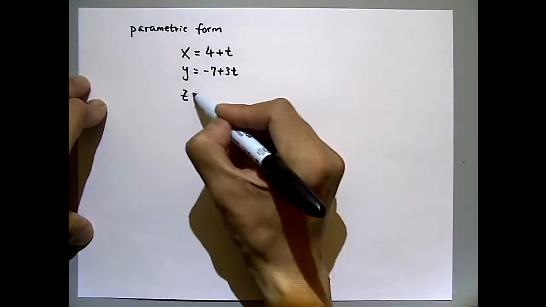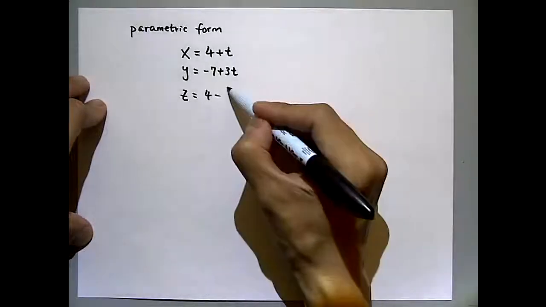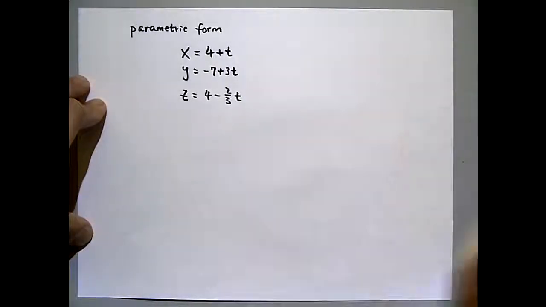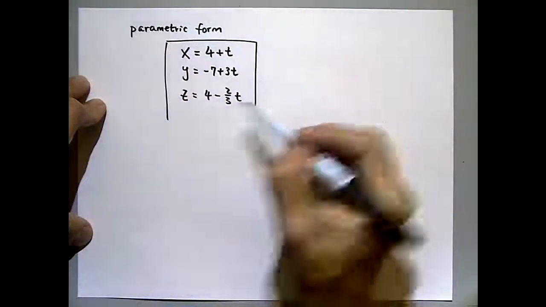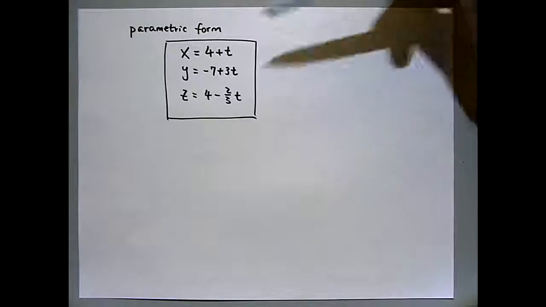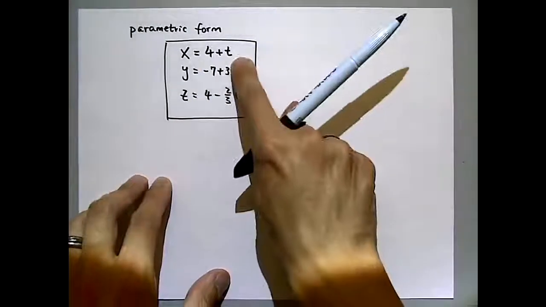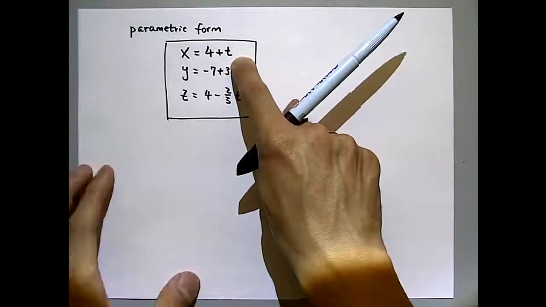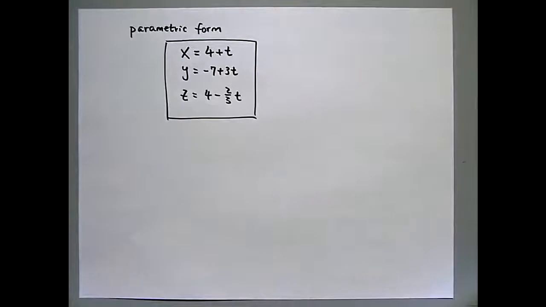And the z component is 4 minus 2 over 3t. And in this way, if you just want to track x for some reason, then you can basically ignore y and z. You can just see how x is going to grow as time goes on, and how y is going to change, how z is going to change.